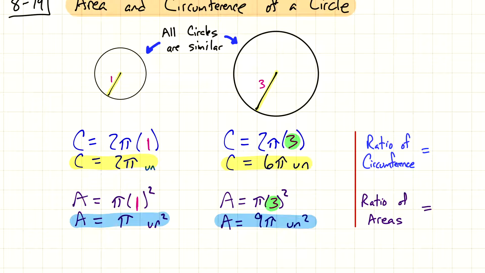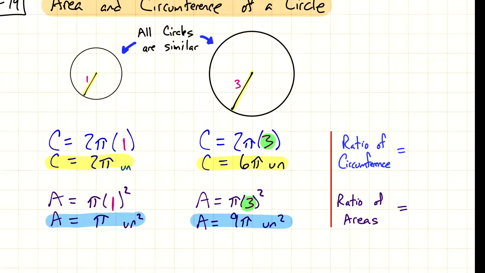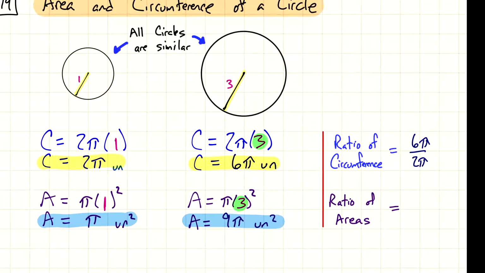All right, so let's verify some ratios that we're familiar with. So ratios of circumference, let's do large over small. So the large circumference was 6 pi over 2 pi, which reduces to 3 over 1, which, if we remember correctly, our ratio of areas should be the same ratio of perimeter or sides, but just squared.